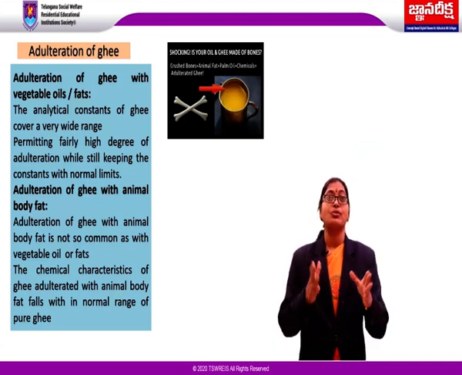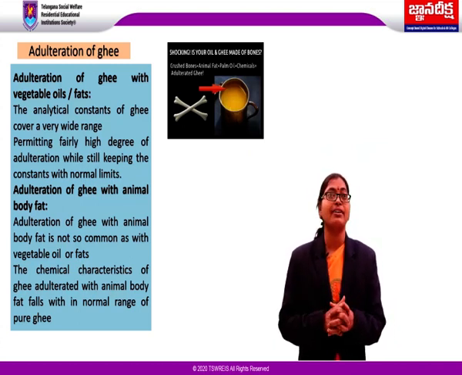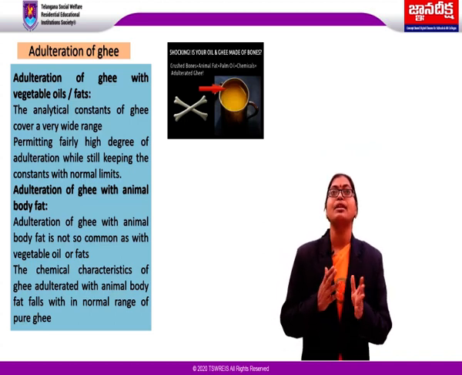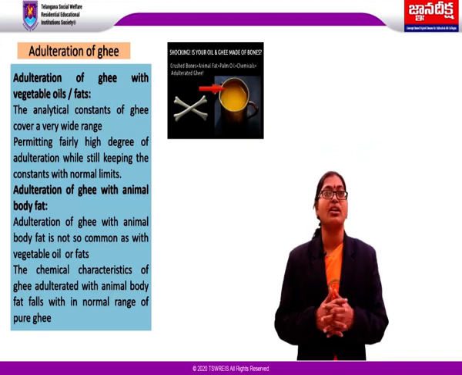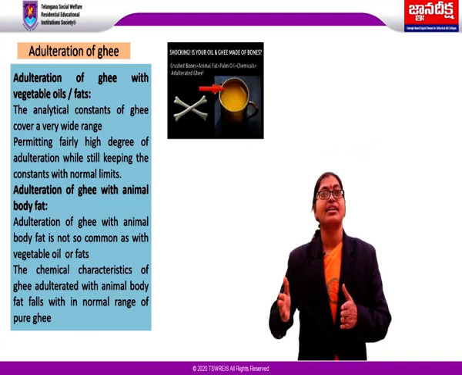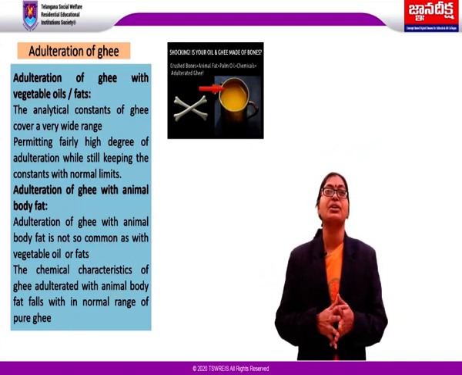Oh my God. So the ghee also can be contaminated with human or animal body fat? Now we're going to see about it. Adulteration of ghee with animal body fat is not as common as with vegetable oil or fats. The chemical characteristics of ghee adulterated with animal body fat fall within the normal range of pure ghee.